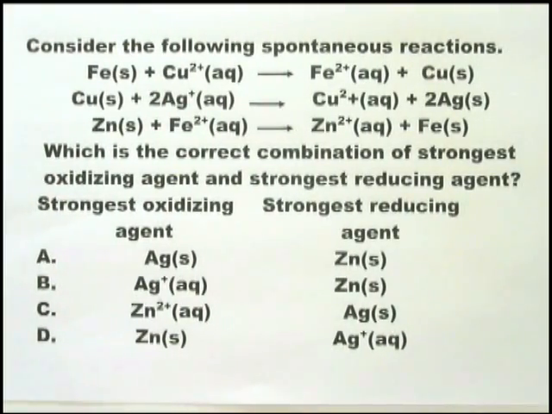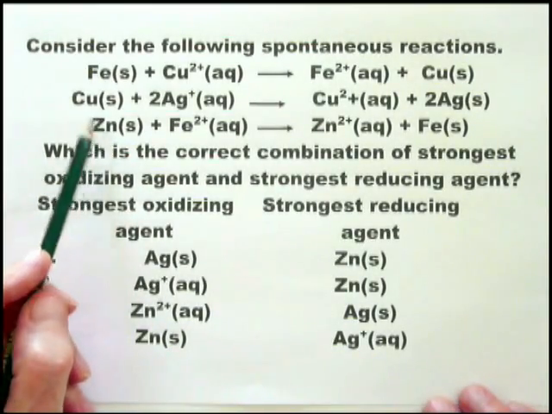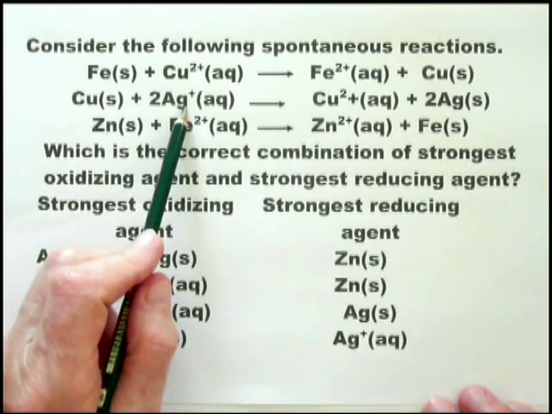This is again an example of the reactivity series that you came across maybe a year or 2 years ago. And you would remember that zinc is clearly more reactive than silver.